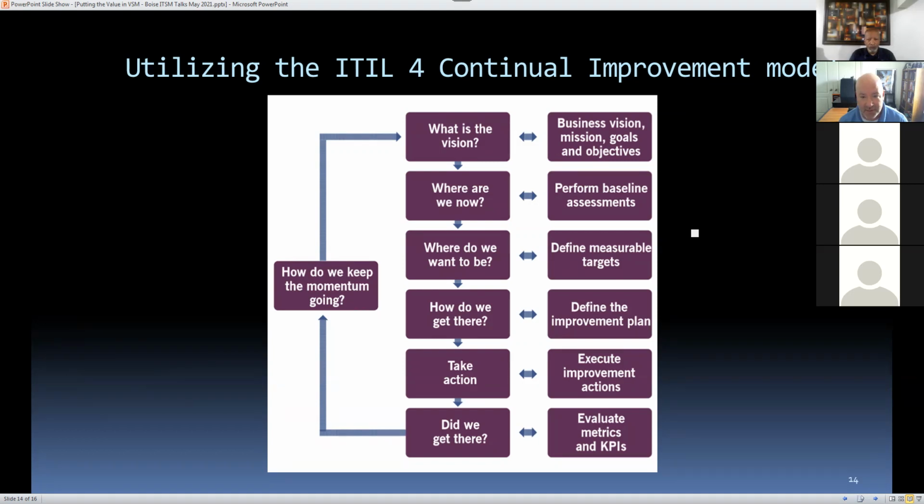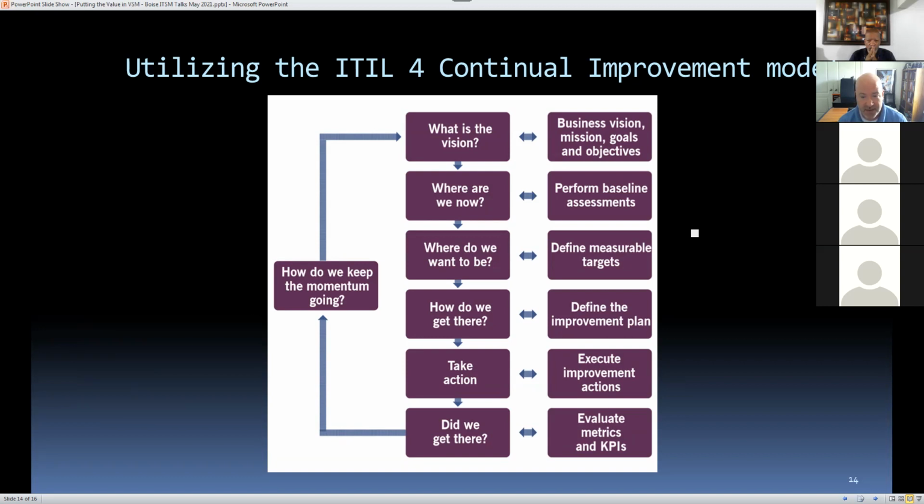And the learnings come through doing different types of assessments, of which doing a value stream map is a part. Then we figure out, based on our larger strategic objectives and business vision, mission, goals, and objectives, where we want to be and define targets for the areas we've identified that we want to improve.